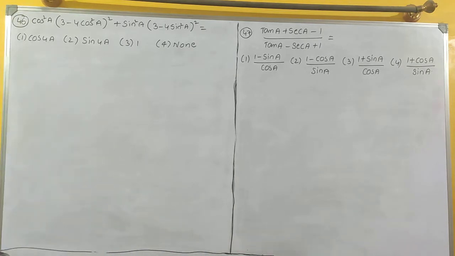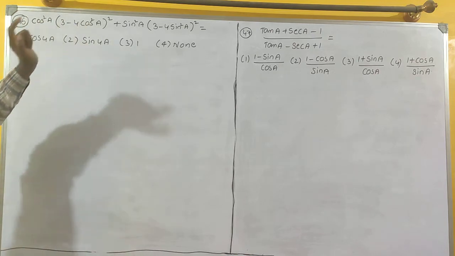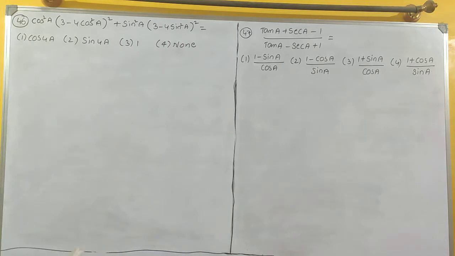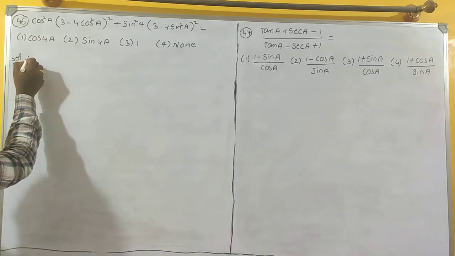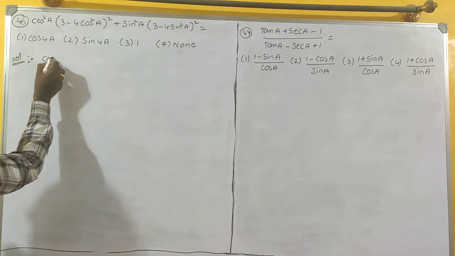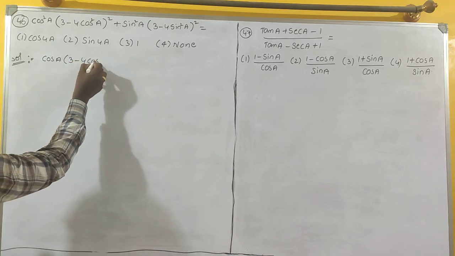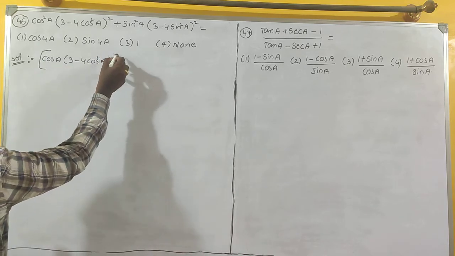Okay, in the 46th question, cos square a into (3 minus 4 cos square a) whole square plus sin square a into (3 minus 4 sin square a) whole square. That equals to, here a square is there, here a square is there. That's why I can write (cos a into (3 minus 4 cos square a)) whole square.